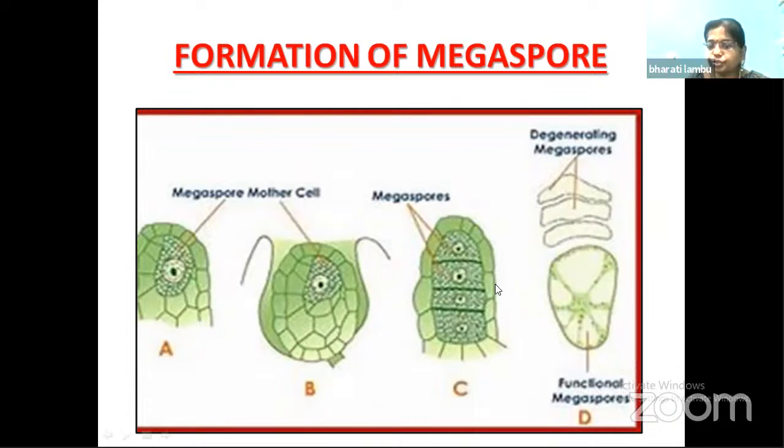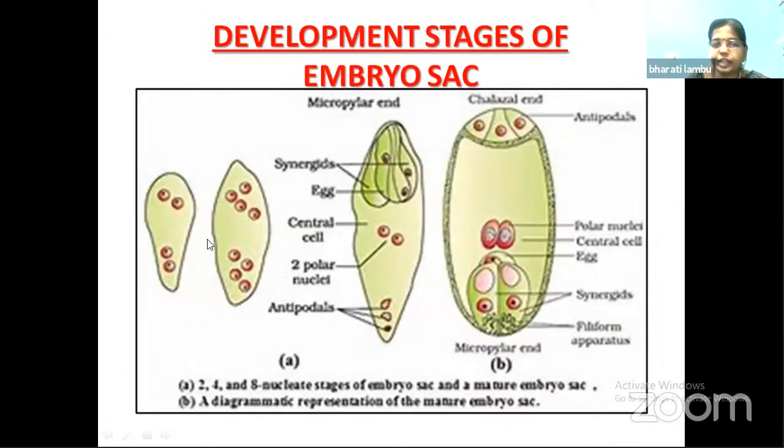Then it will divide again mitotically to form the 4 nucleate stage of the megaspore. So now how many nuclei are present? 4. That was mitotic division only. Again, mitotic division will occur and 8 nuclei will form in the megaspore. Now you can count: 1, 2, 3, 4, 5, 6, 7, 8. You can see 8 nuclei are present.